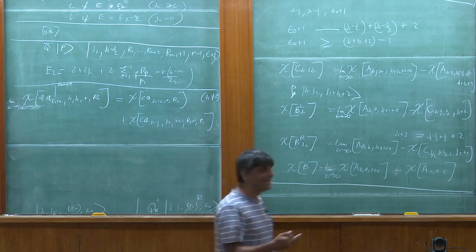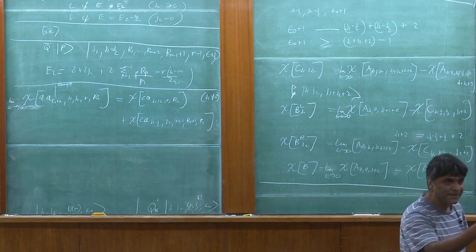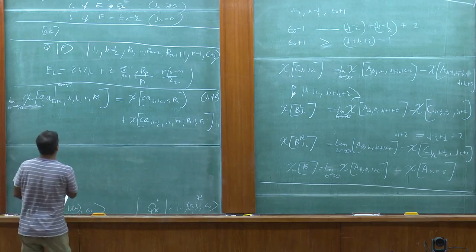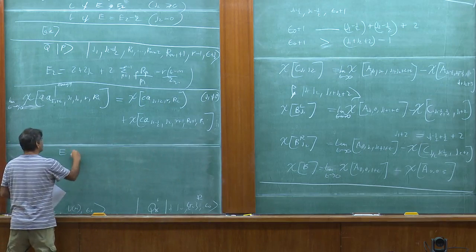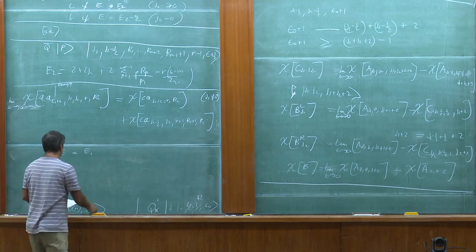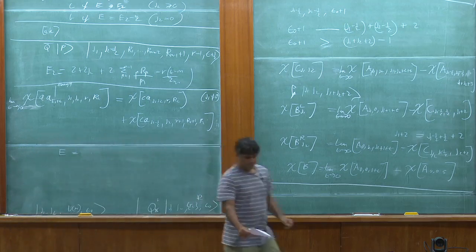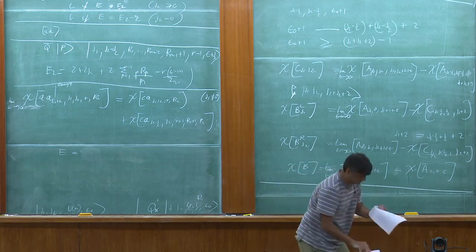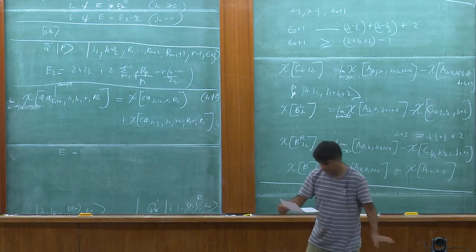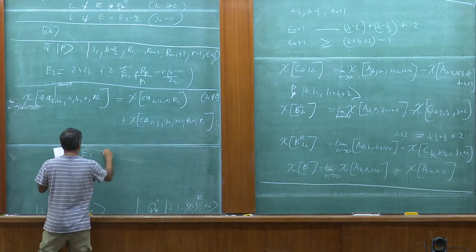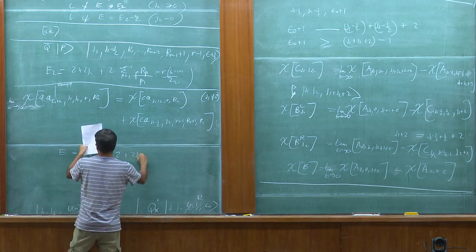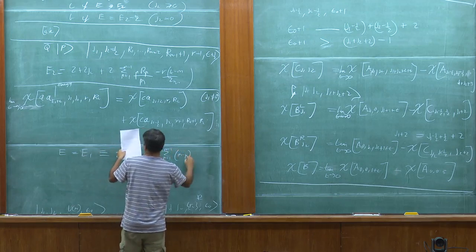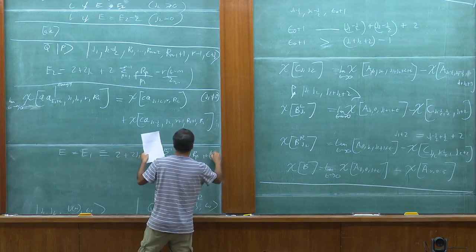What that means is that the unitarity bound continues to be saturated in a C-type manner for this state. The unitarity bound is saturated if E is equal to E1, and E1 was equal to 2 plus 2J1 plus 2 times the sum over P equals 1 to M minus 1 of (M minus P) by M, plus R into (4 minus M) by 2M.